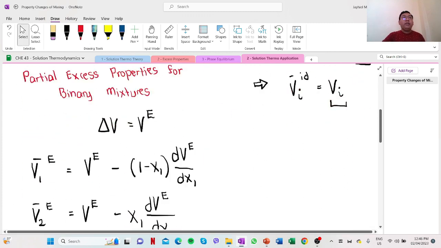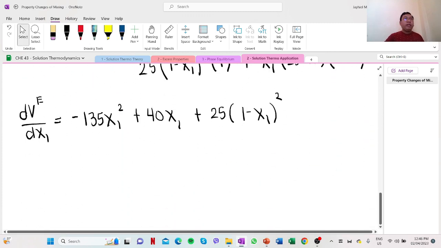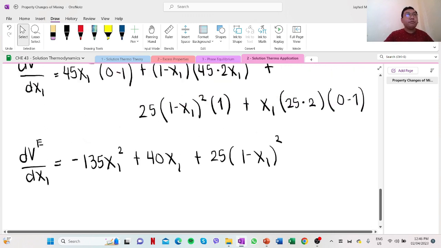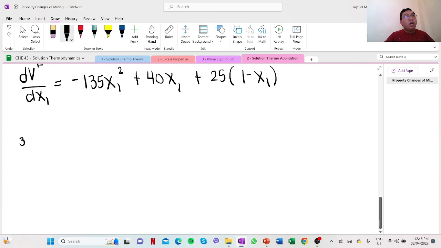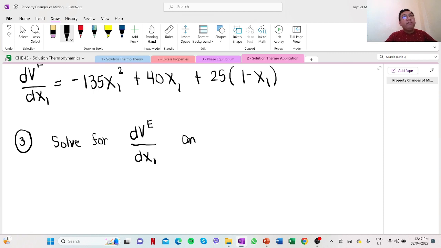So it would be practical to proceed with step 3, which is to solve for dVE over dx1 and VE itself at x1 equal to 0.40.